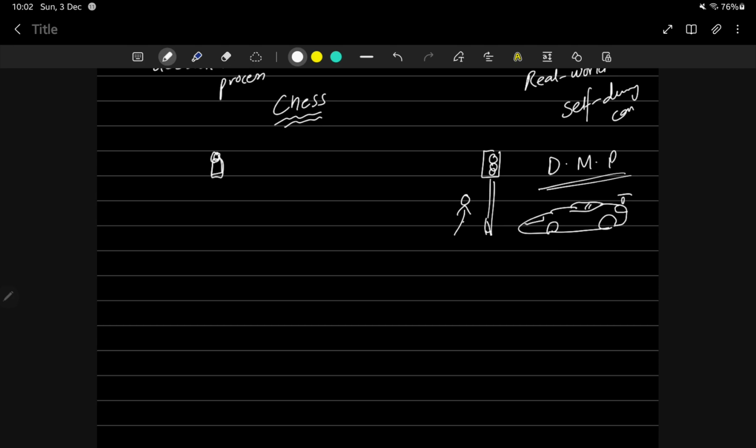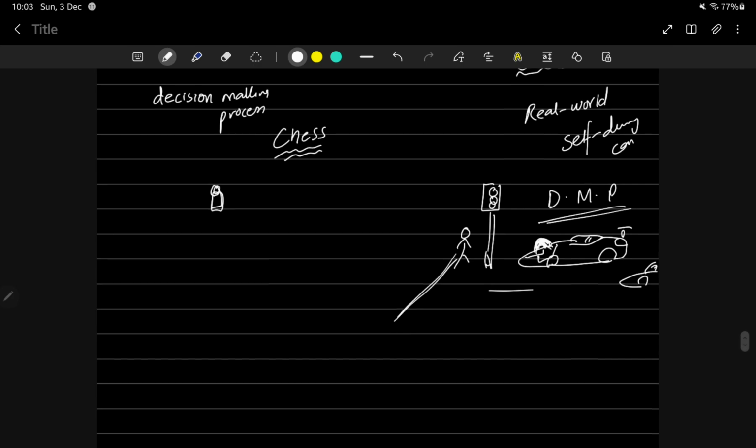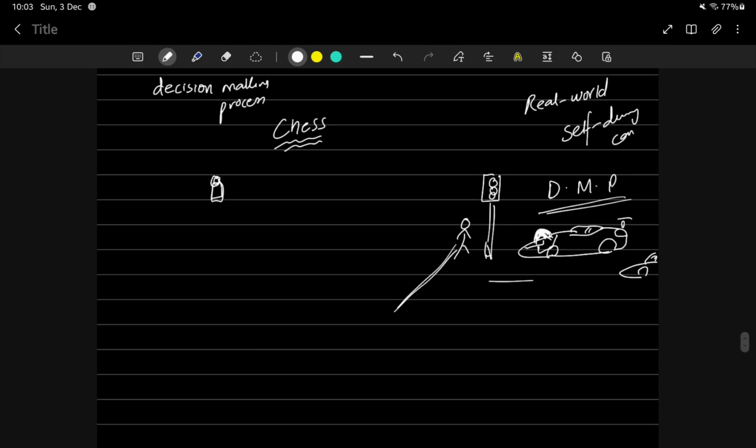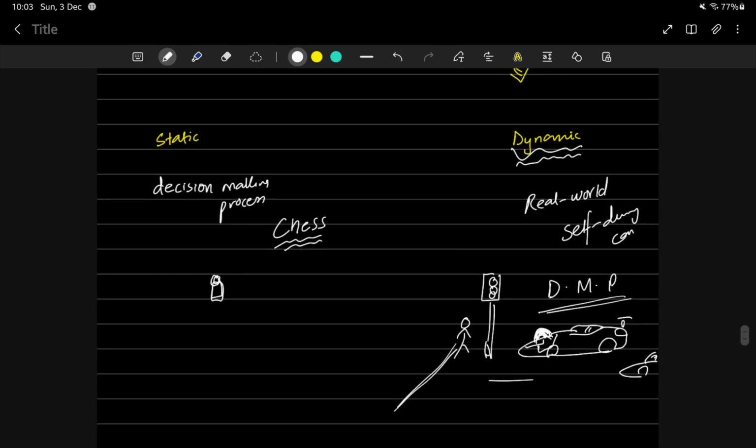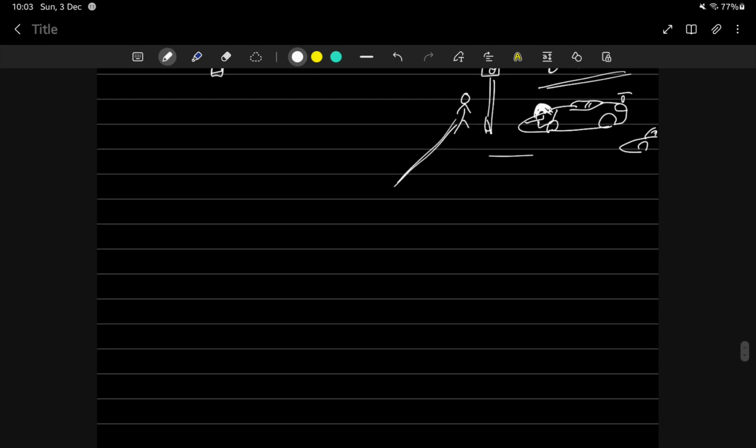There might be pedestrians walking here and there, and other cars moving here and there, and the engine of your car is constantly running and has some probability of breaking down. So many things are happening, right? It's not static. So this is an example of a dynamic environment.